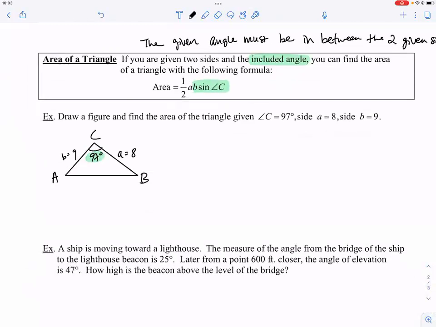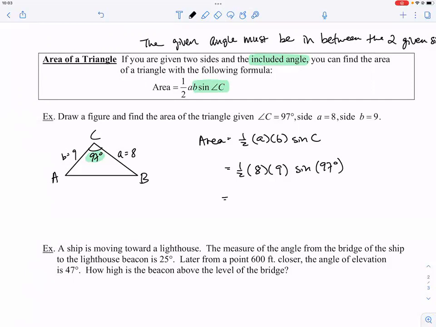Okay. So in this case, the area is equal to 1/2 A B sine C. So 1/2 times 8 times 9, and then sine of 97 degrees.